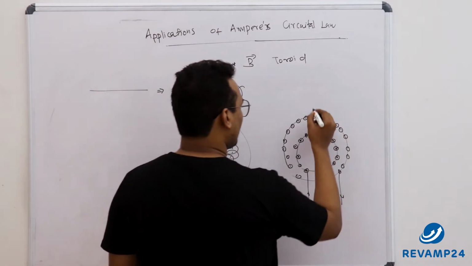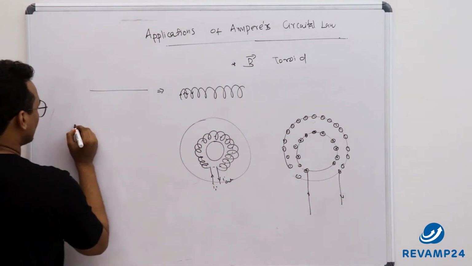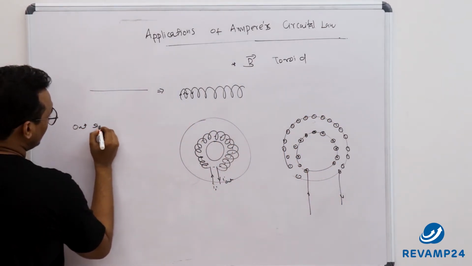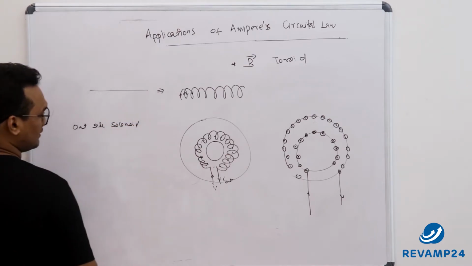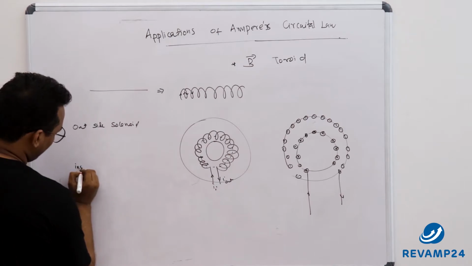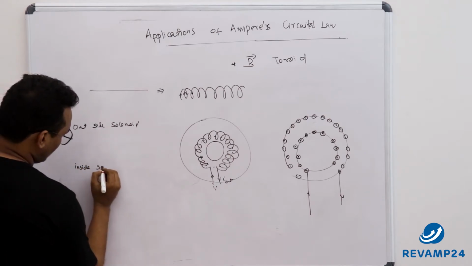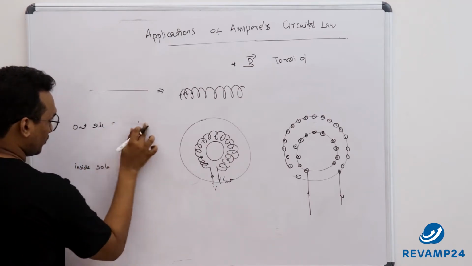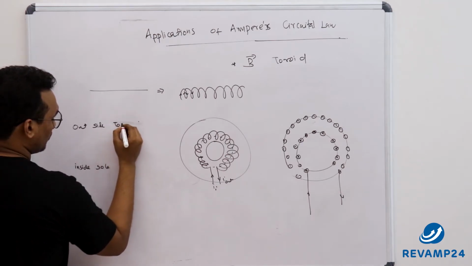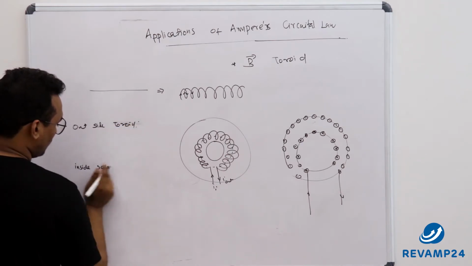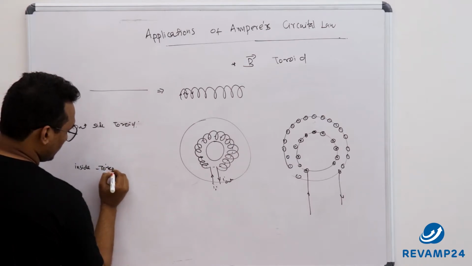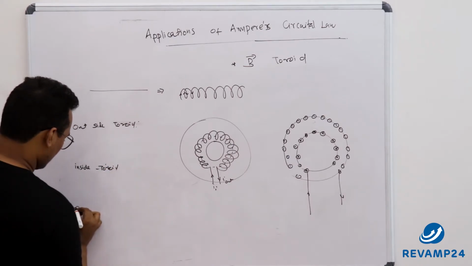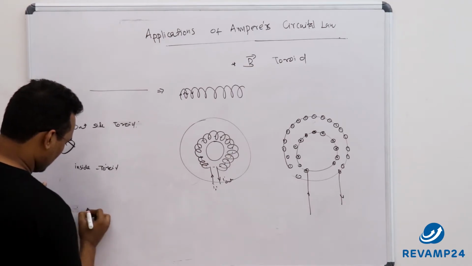Okay, so the first point is outside the toroid. Next is inside the toroid. Sorry, this one is the toroid. Outside, inside the toroid, and this is within.